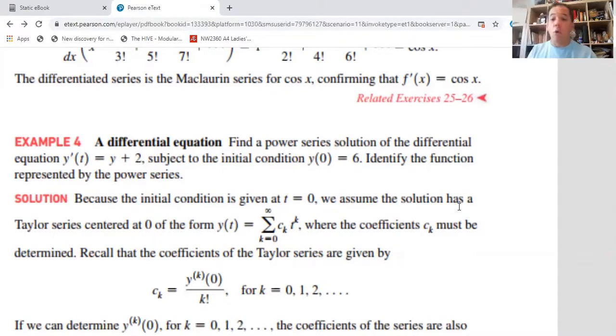So the derivative of y is almost the same as y. It's not quite the same. It's the same as y plus 2 units. And we also have an initial condition, which is that y of 0 is 6, right? I'll switch to the page and we'll work it out.